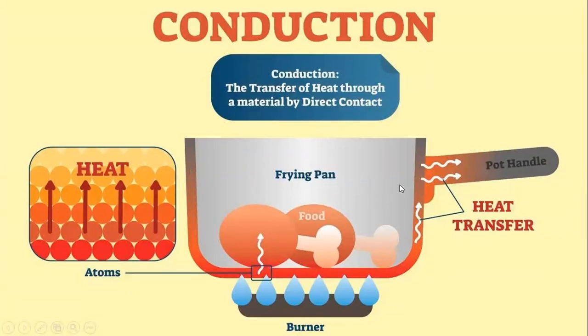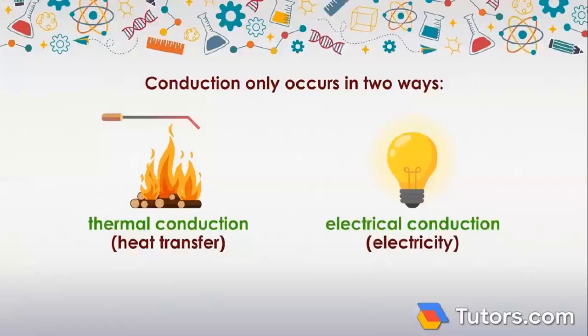This is called transfer of heat through a material by direct contact. So conduction occurs in two ways: thermal conduction, or heat transfer, and electrical conduction, or electricity.